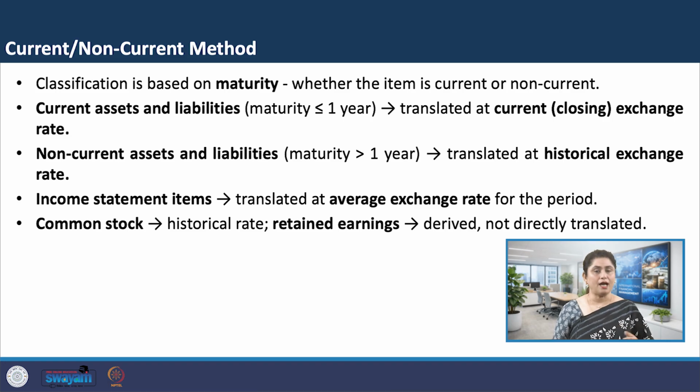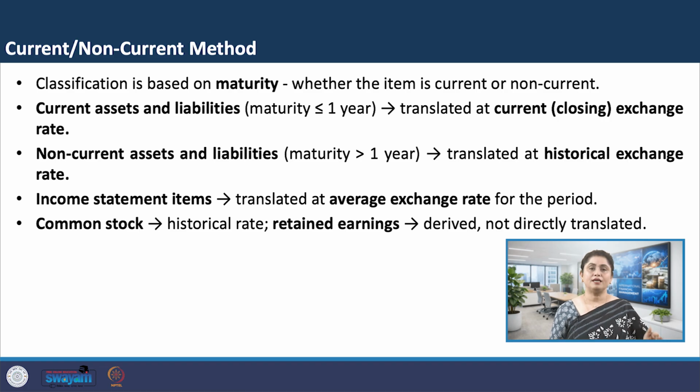Non-current assets and non-current liabilities, that is, having a maturity of more than 1 year, are translated at the historical rate that applied when the item was originally recorded. And all income statement items like revenues and expenses are translated at the average rate for the period.